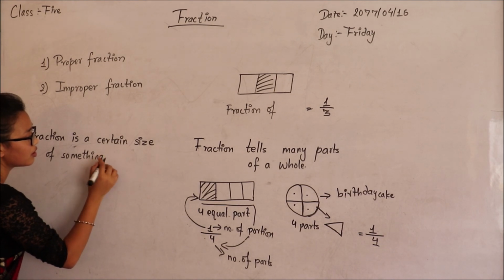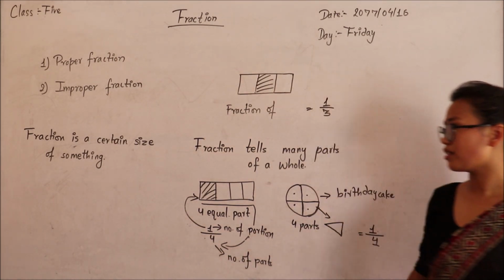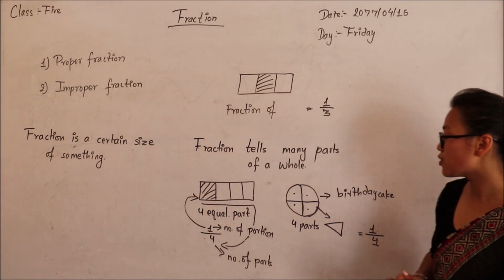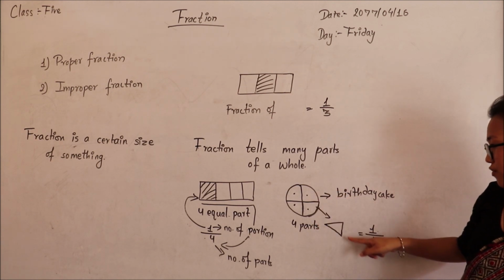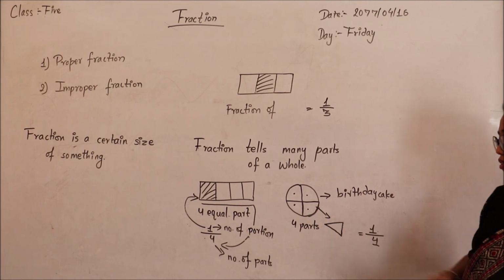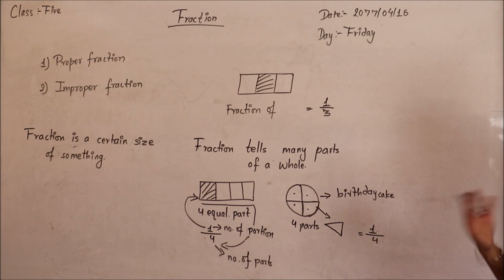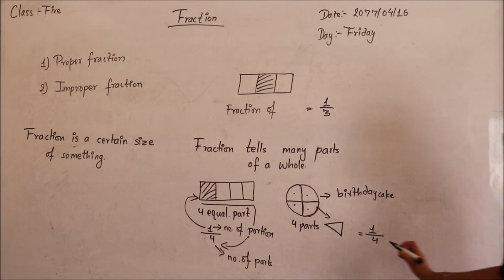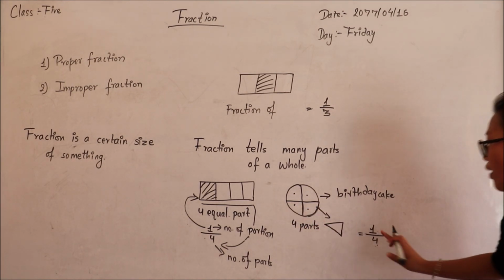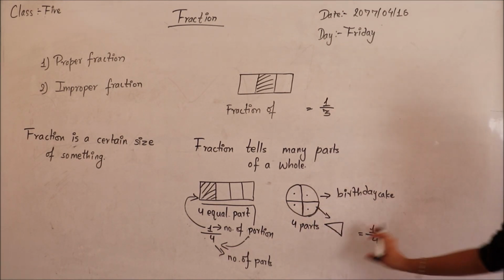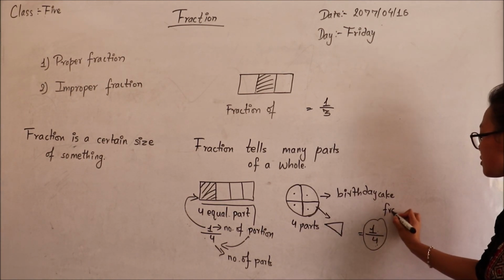So you might have got the meaning of fraction. This is the whole size of a cake, and you just pulled out one size of the cake. So what is the fraction? 1 by 4. Again I am saying why: because 4 is the total parts of the cake and 1 is what you pulled out. So this is the figure of fraction.